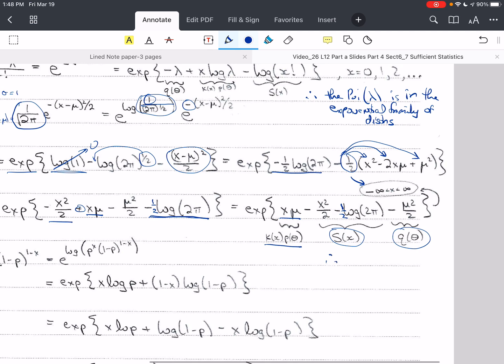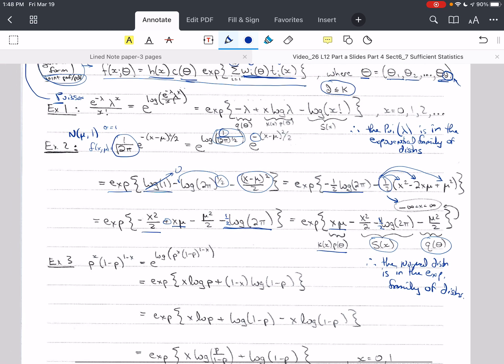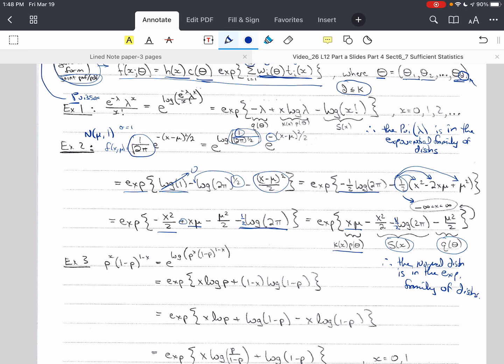And therefore, the normal distribution is in the exponential family of distributions. Okay. Now, thinking about what we're doing here, the beta distribution may be in the exponential family as well, but we'll have to see.